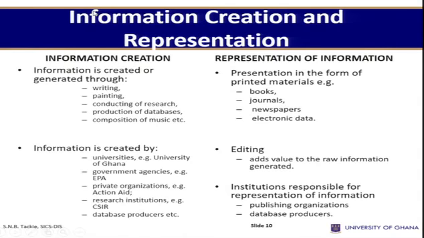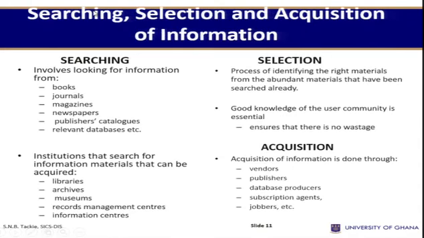And when information is created in its raw state, value is put on it through the process of editing. Somewhere along the line, we'll look at who the editor is and what the editor does. And then there are institutions that are responsible for representation of information. These include publishing organizations and database producers.